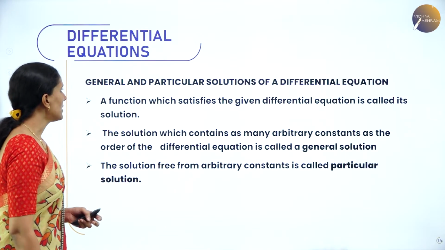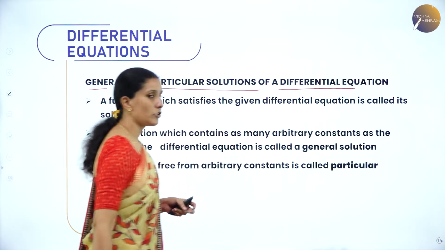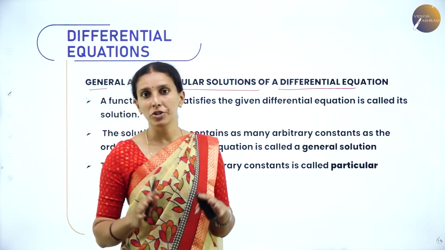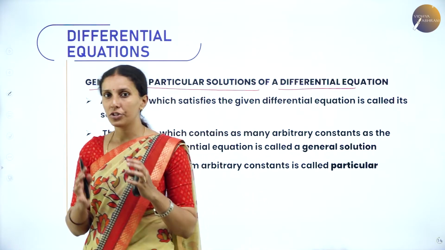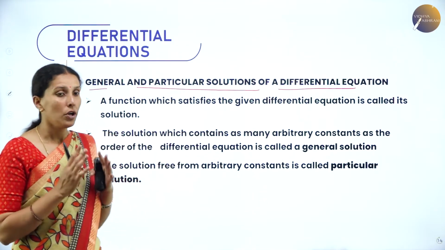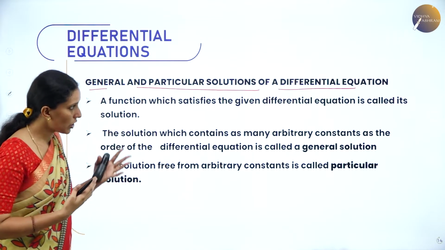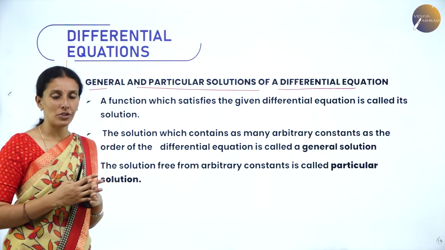Next we come across the general and particular solution of a differential equation. We know that all polynomial equations have their own solution. Similarly, all differential equations also have a solution. Any function which satisfies the differential equation is called a solution of the differential equation.